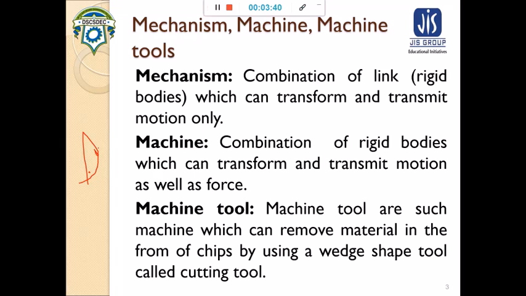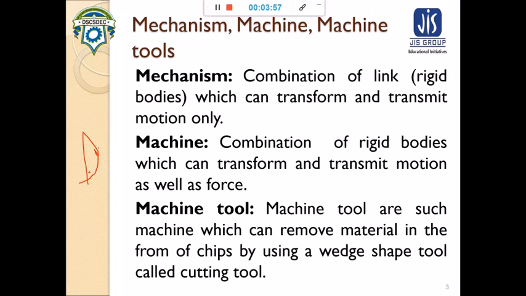That drafter is not a machine, it is a mechanism. Why a mechanism? It can transform or transmit the motion only.